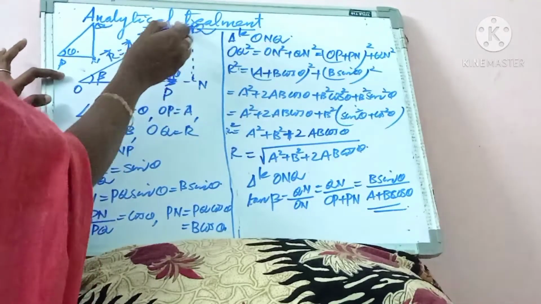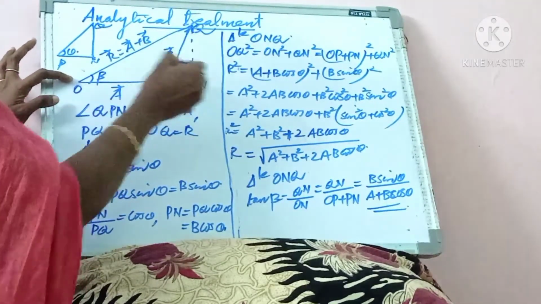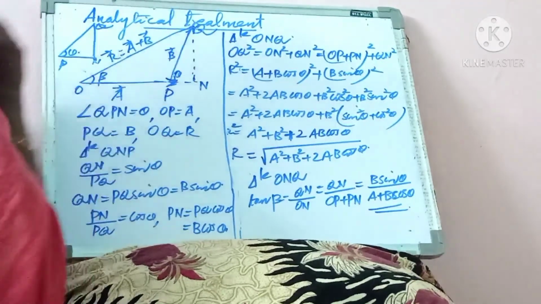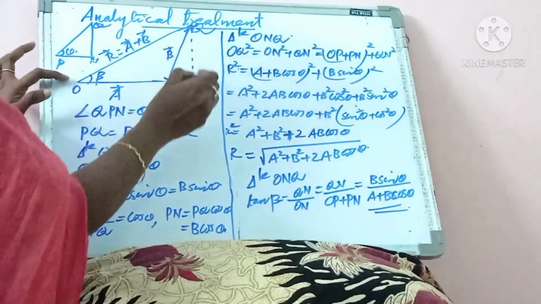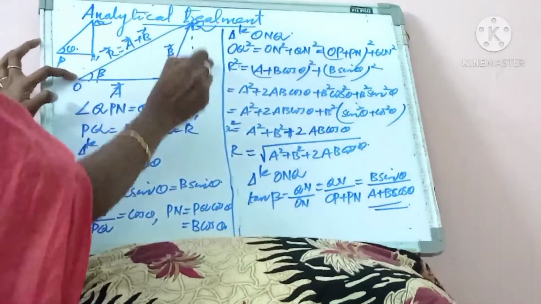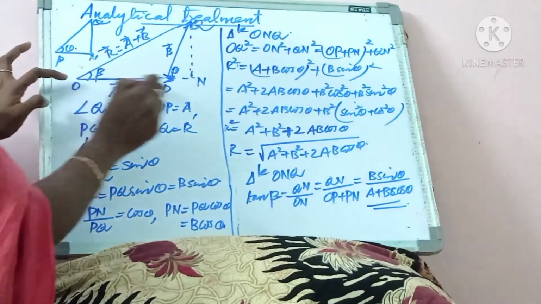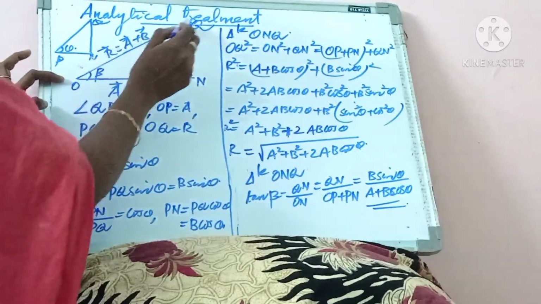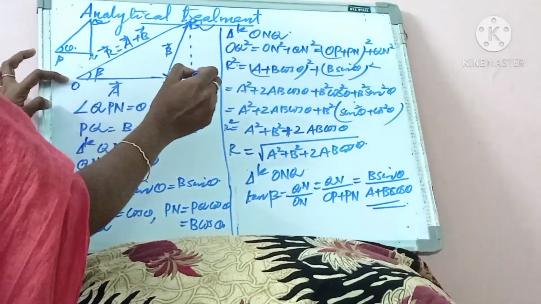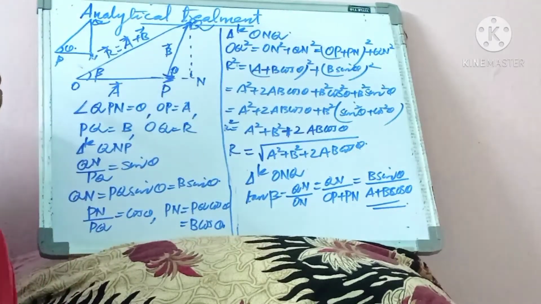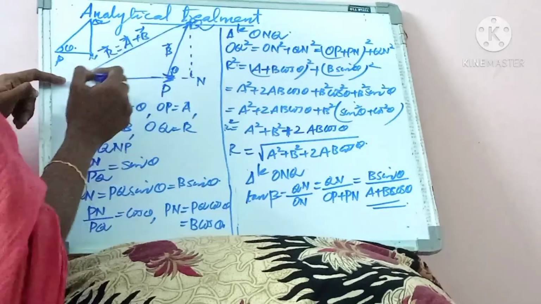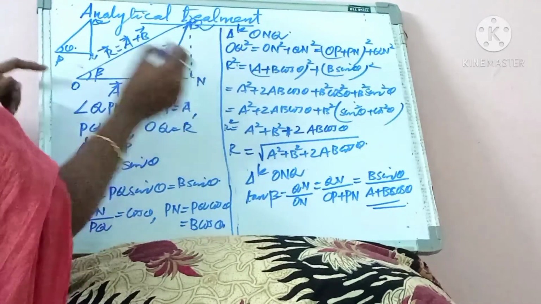Again, we consider the big right angle triangle ONQ. We can apply Pythagoras theorem to this triangle. Hypotenuse square is equal to base square plus altitude square.